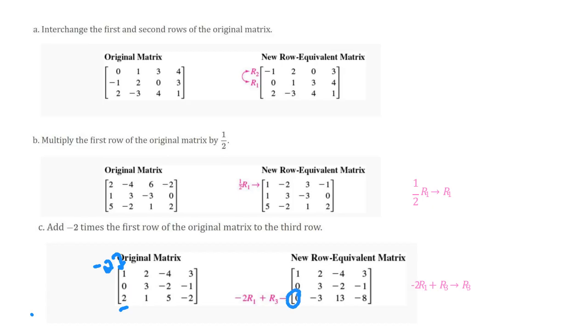And then we have -2 times 2 is -4, plus 1 will give me -3. And then we go -2 times -4 is +8, plus 5 gives me 13. And then -2 times 3 is -6 plus -2, -8. And so that would be our row operation for that letter C.